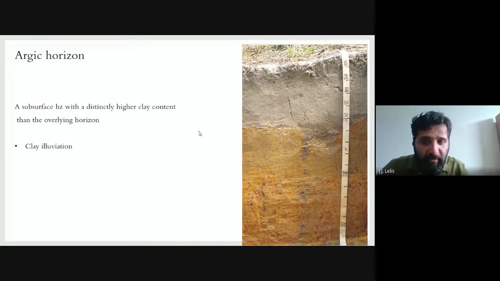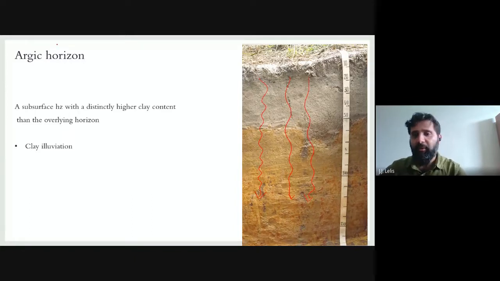The increase of clay content in the subsurface horizon could be related to clay eluviation. What is clay eluviation? Clay eluviation is the migration of clay from the surface to the subsurface horizon. Okay, so clay could migrate, could be lifted from the surface and concentrate in the subsurface horizon.